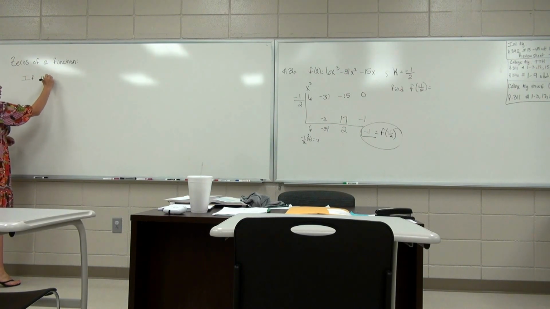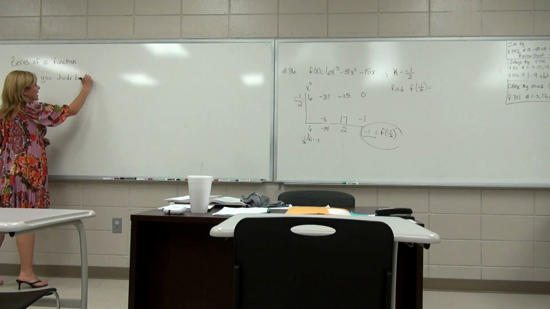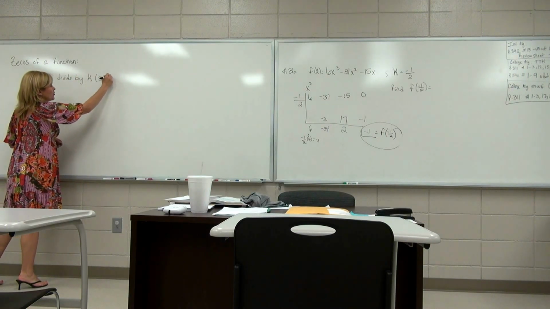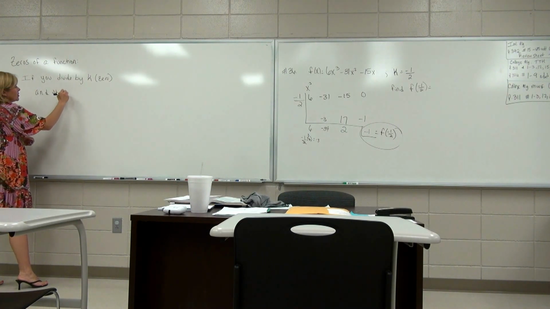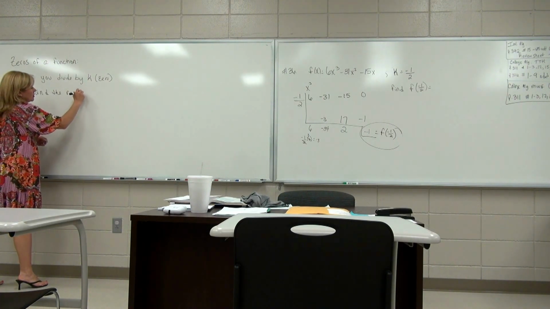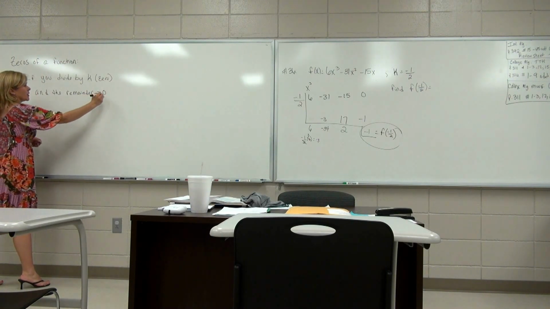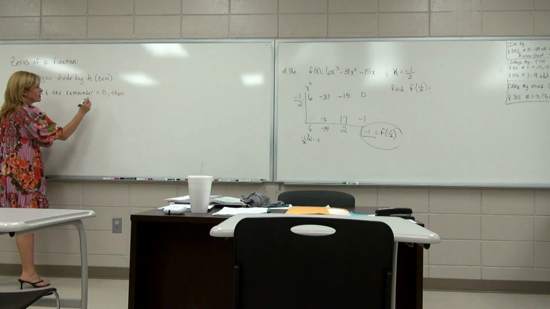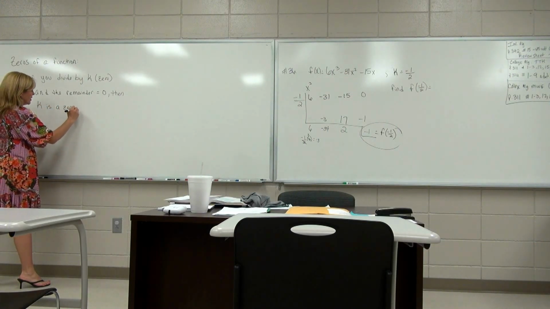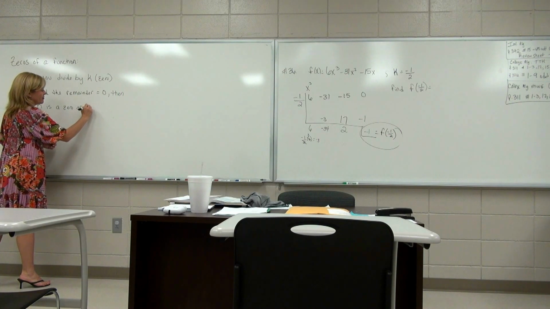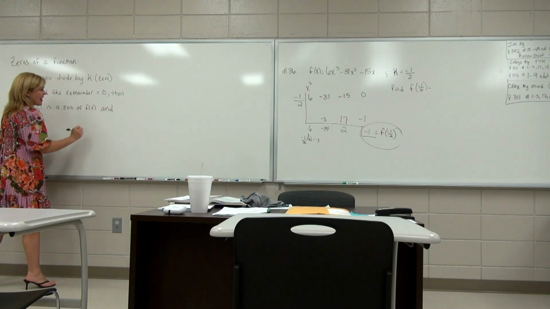If you divide by k, which is the 0, or what you think is the 0, and the remainder equals 0, then k is a 0 of the function. K is a 0 of f of x. And this is your factor theorem.